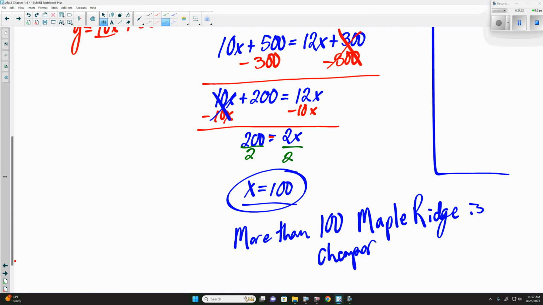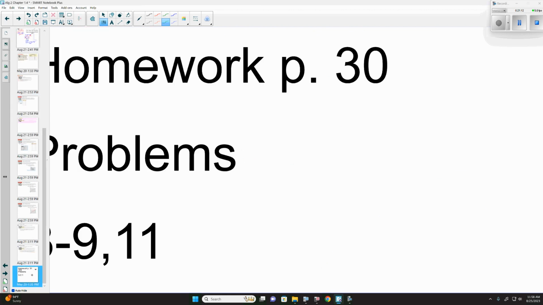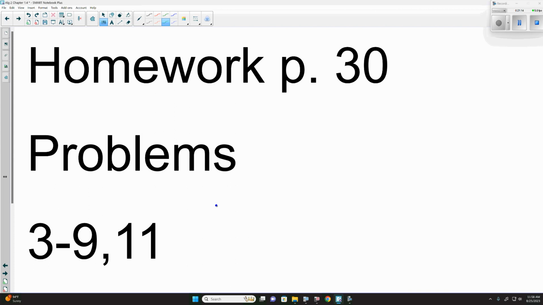Any questions on anything we've done so far? Now, I'm going to give you all the rest of the time to work on the assignment so that if you do have questions over this, I can answer them. Problems 3 through 8, you're finding the equation of a line and interpreting the slope.